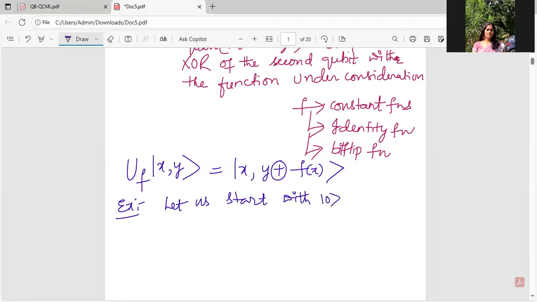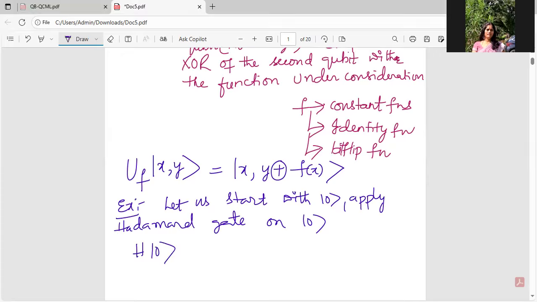Apply Hadamard gate on ket 0. All of us know the result. And then apply UF. So first let's see H of ket 0.